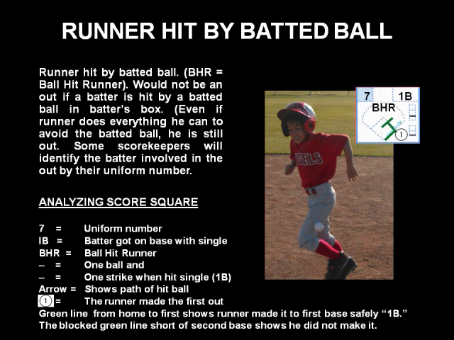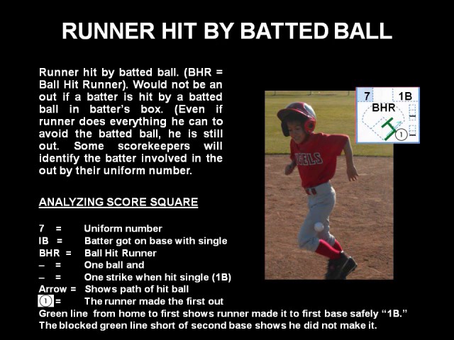When the batter got on base, or hit the single, he had 1 ball and 1 strike on him. The arrow shows the path of the ball, which shows that it went into right field. And this was the 1st out.